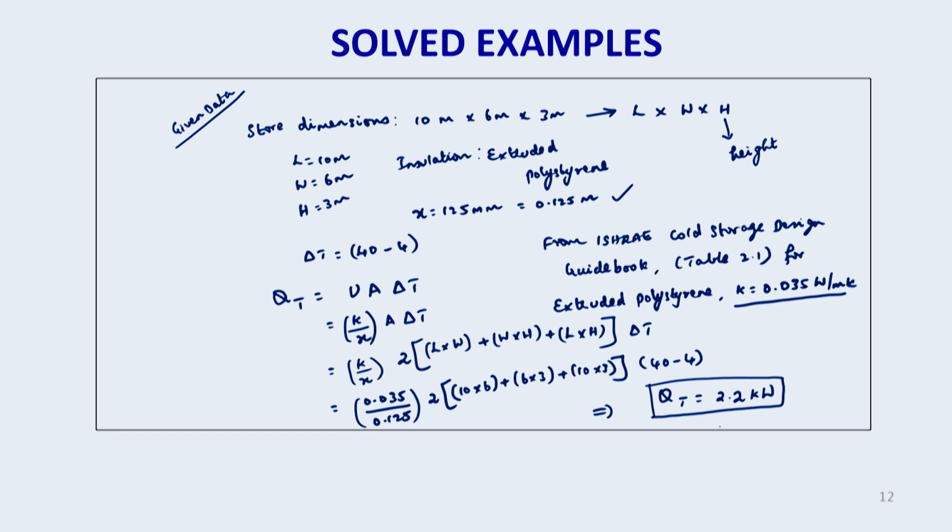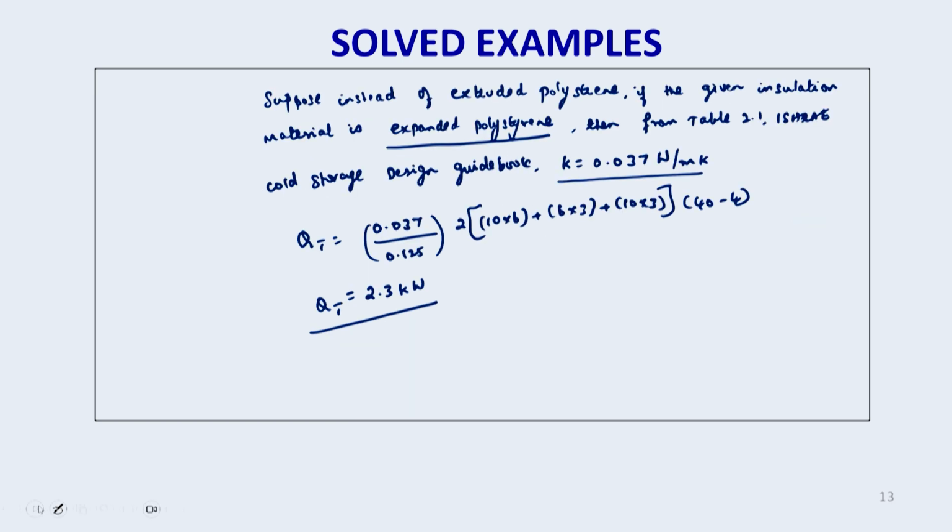When extruded polystyrene insulation material is used, the K value is 0.035 watt per meter Kelvin. As per the dimensions of the store, the delta T given in the problem, and the thickness of the material, the transmission load comes to 2.2 kilowatt.